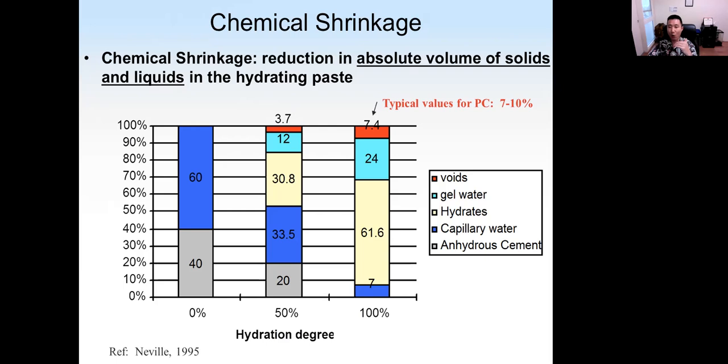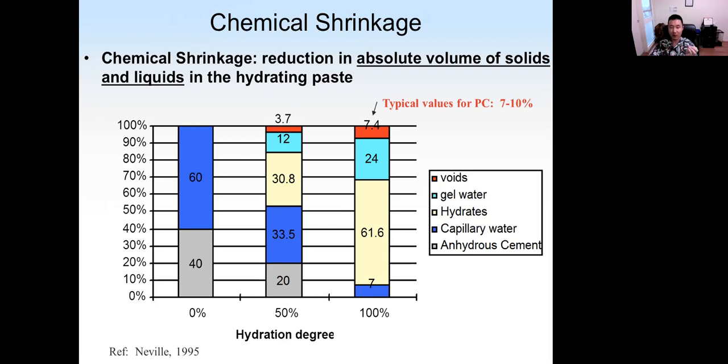Okay, why do we have voids generated in concrete? Because remember, when concrete sets within the 4 to 8 hours, after the initial set, the total volume of concrete will not change too much. But hydration will go on and the volume will continue to be reduced.